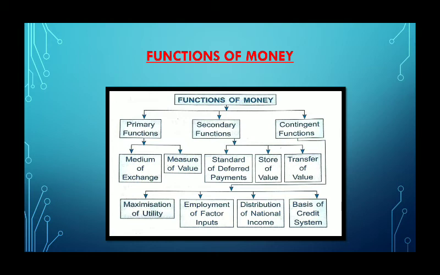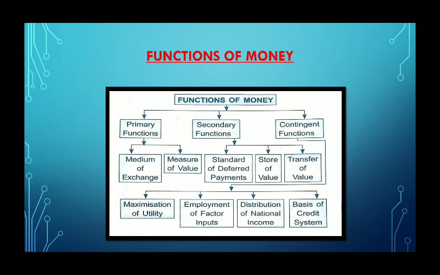These include medium of exchange and measure of value. After primary comes the secondary function. The three kinds of secondary functions are: standard of deferred payment, store of value, and transfer of value. After primary and secondary functions, there is the contingent function, and that refers to the role of money in assisting various economic units like consumers and producers.